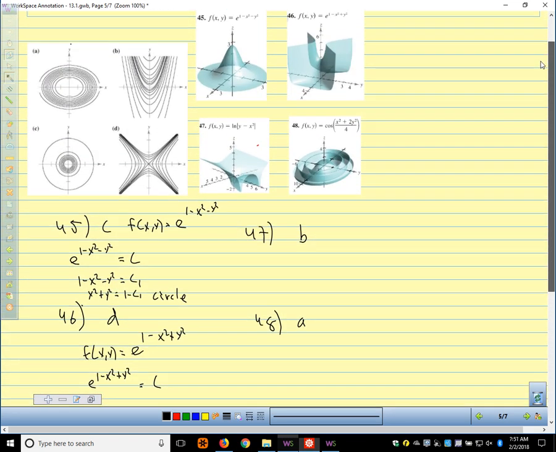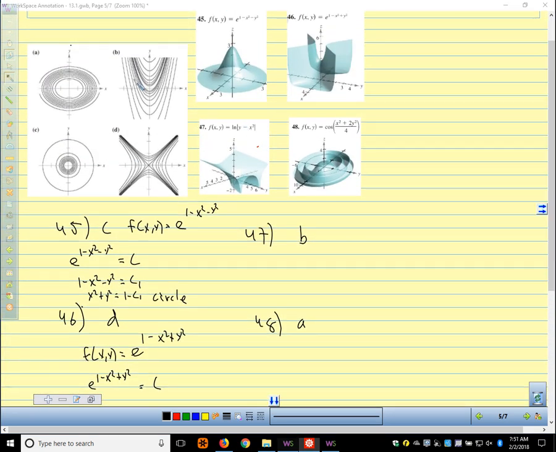For b, we said 47 was b. Natural log of the absolute value of y minus x squared. Set that equal to a constant. We want to get an equation in x and y. So what do we do?